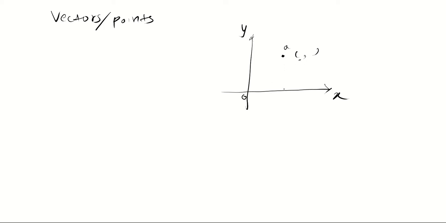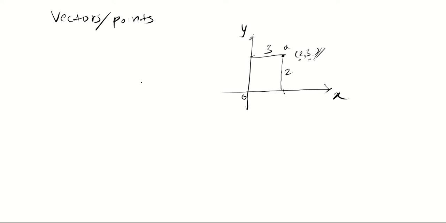The first value determines at what distance my point is from the x-axis, and the second value determines at what distance my point is from the y-axis. This is how I represent a point. A point is represented as a vector in square braces. So I write my P as a two-dimensional vector where 2 and 3 are its components.